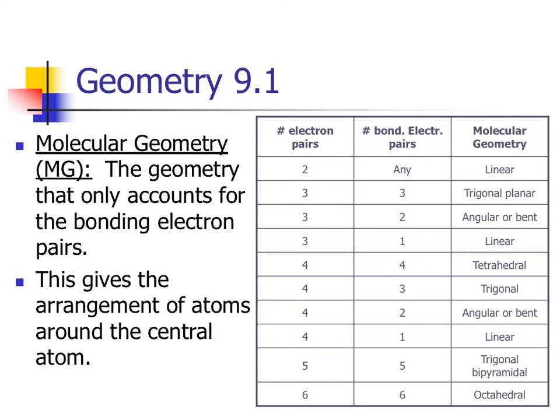So there's many different options, and you ask how many electron pairs are there? Not all of them are going to be bonding. Because not all of them are bonding, their molecular shape and the electron geometry are not always the same. Therefore, again, around that central atom, it is the geometry of only the bonding electrons.